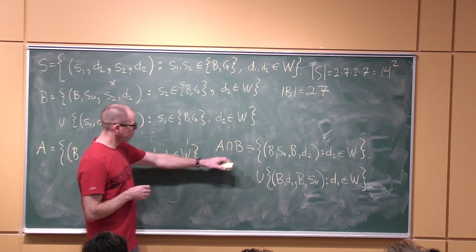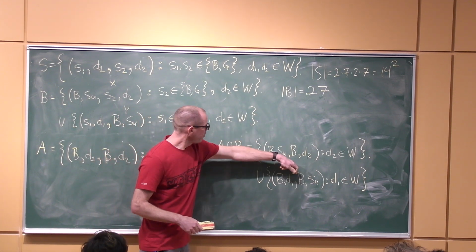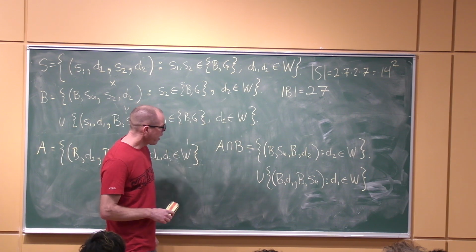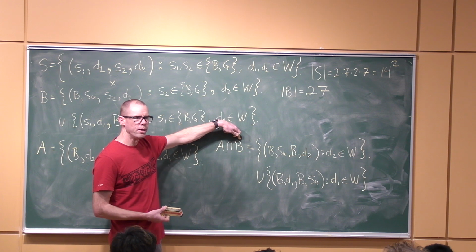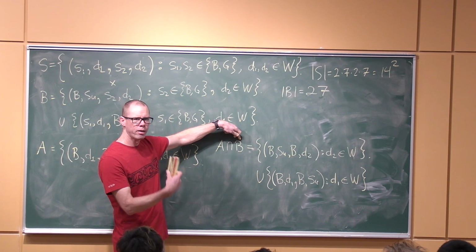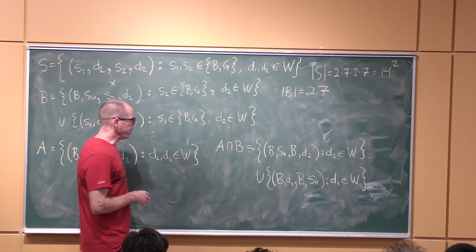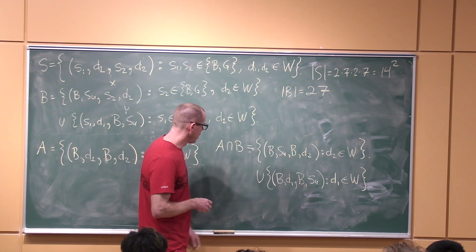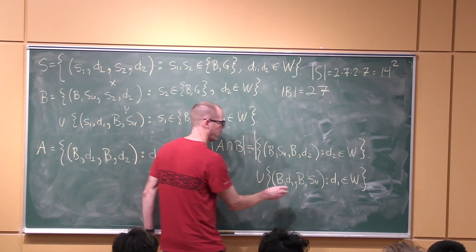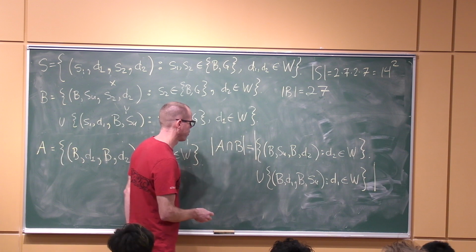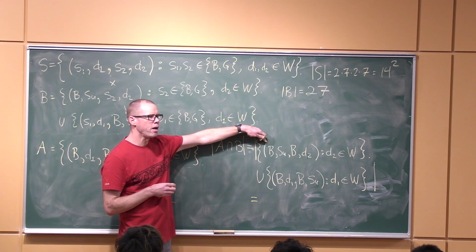So that's what A intersect B looks like, right? There has to be 2 boys, because it has to be in A, and one of them has to have been born on Sunday, because that's what it means to be in B: there was a boy born on Sunday. Okay. All right. So what's the size of this first set in the union?